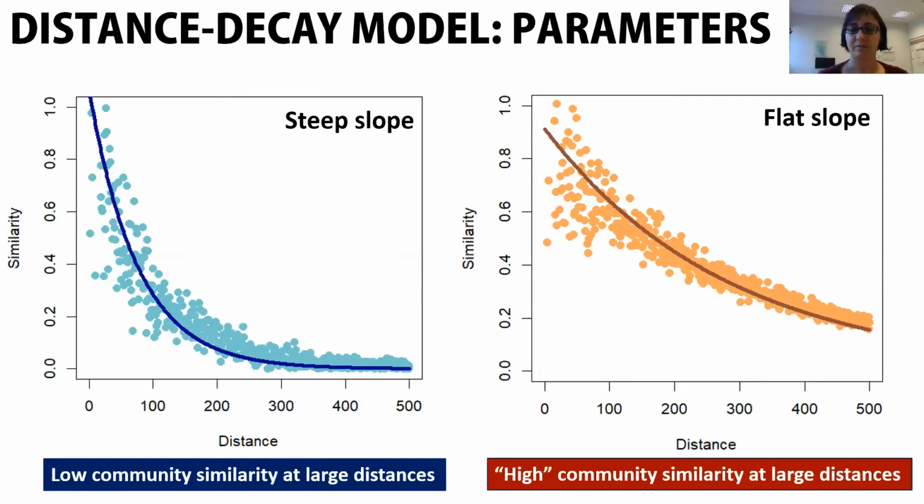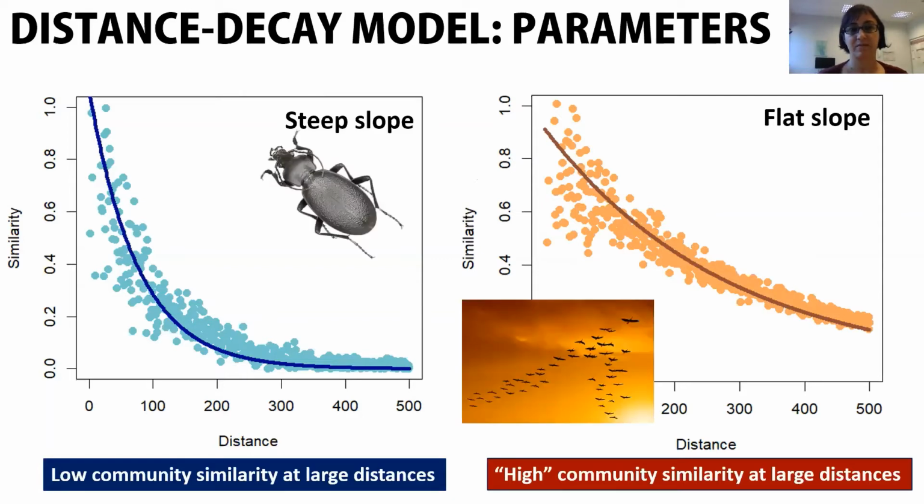And if we think about dispersal processes, we can easily see that flatter slopes are more likely to be seen in a species that can disperse well, with a strong dispersal ability, because if two localities are farther apart and they are sharing the same species, we need the species to have been able to reach there, right?